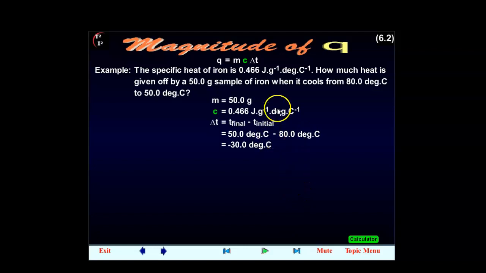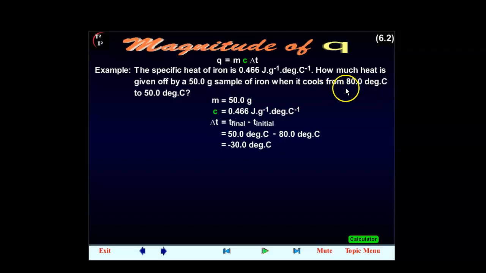All right, I want to come in here. You have to look at the questions very carefully. If you read the question, it says when it cools from 80.0 degrees Celsius to 50.0 degrees Celsius, meaning that this is your initial. That is where you started from.